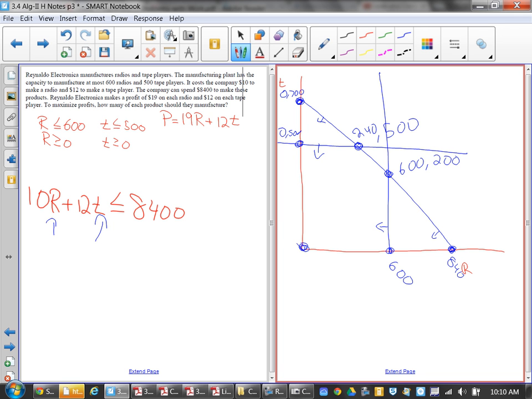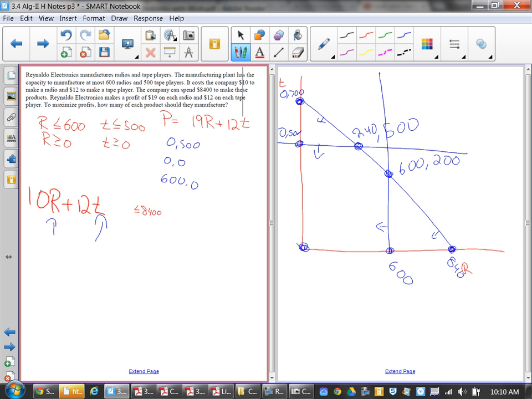Well, you have this profit setup that you did earlier. You're going to test it with 0, 500; 0, 0; 600, 0; 600, 200; 240, 500. You test all those to see which one gives you the greatest profit.